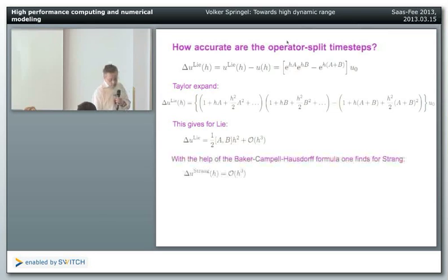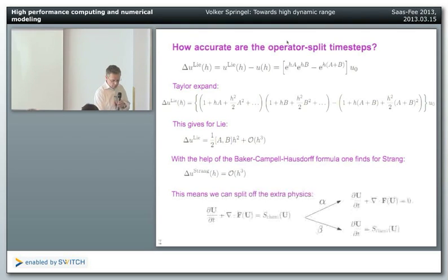By invoking in this expansion the Baker-Campbell-Hausdorff formula, which deals with commutators of exponential expansions, power series of operators, which appears in quantum mechanics, you can then show that this term is 0 and drops out in the Strang split form. So there the error is only proportional to delta t cubed. That's why basically these operator splitting techniques are permissible.